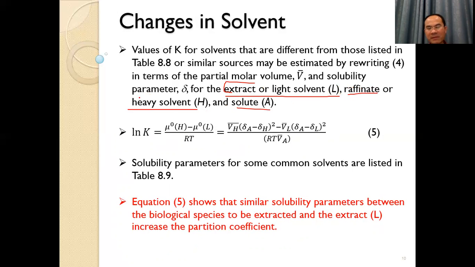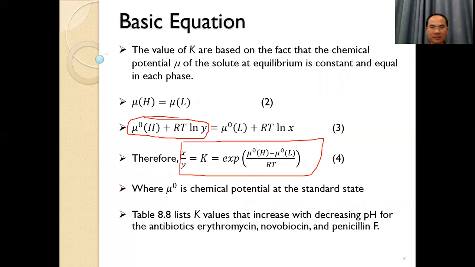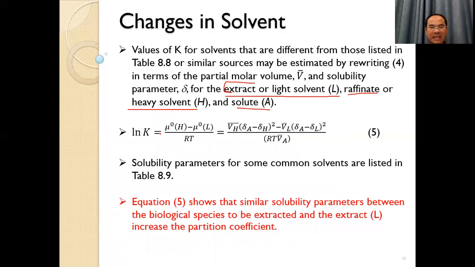And then from the previous equation, if we take the log of both sides, we get log K equal to mu0 heavy phase minus mu0 light phase, divided by RT. In this case, we can express it in terms of the partial molar volume and solubility parameter, like this equation 5.